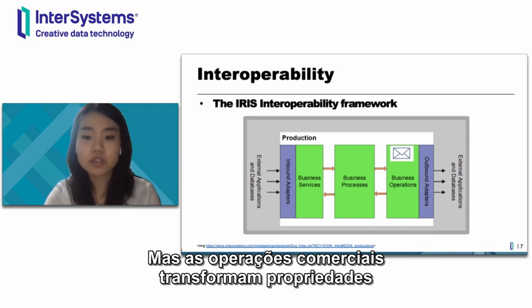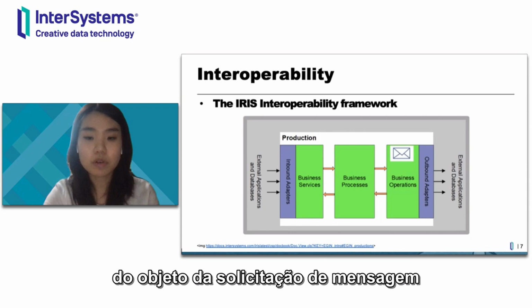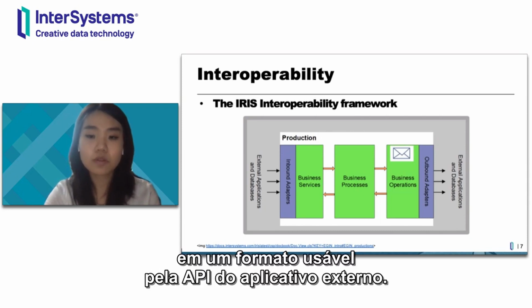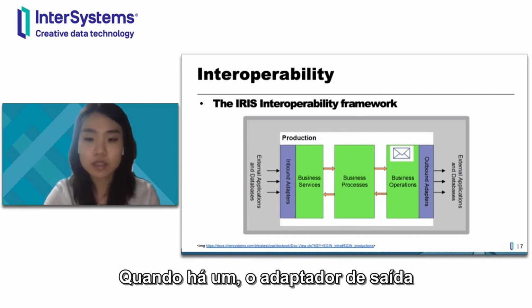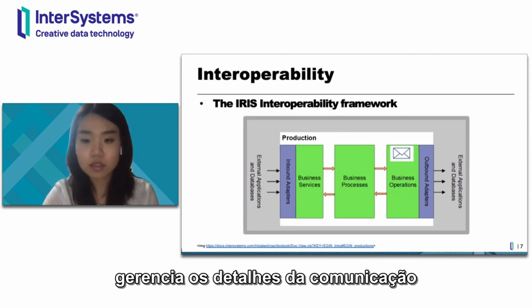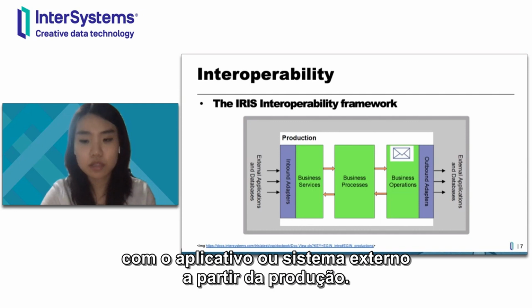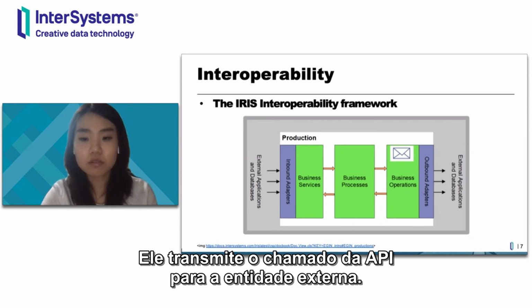The business operation transforms properties of the request message object into a format usable by the external application API. If it is existing, an outbound adapter manages the detailed communication with a specific external system or application from within the production. It transmits the API call to the external entity.